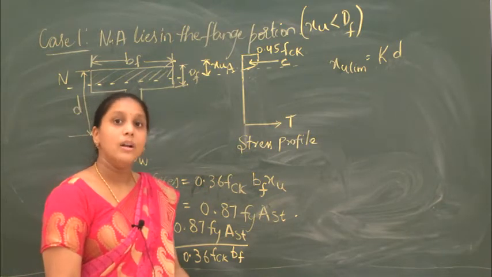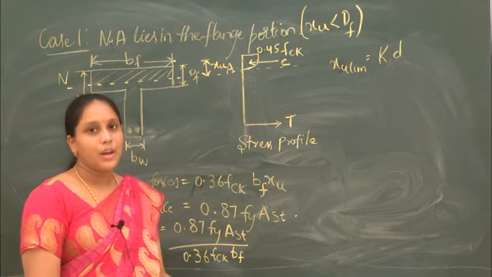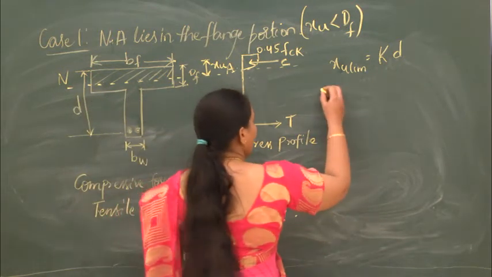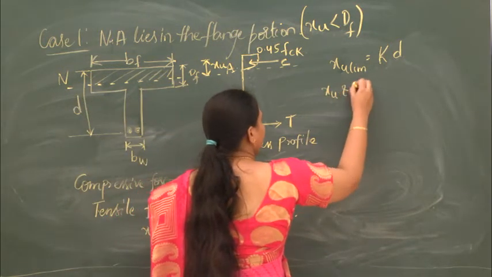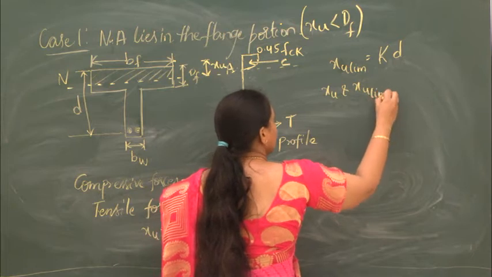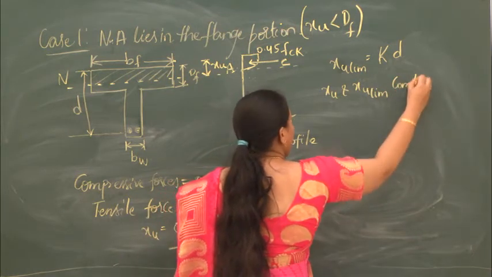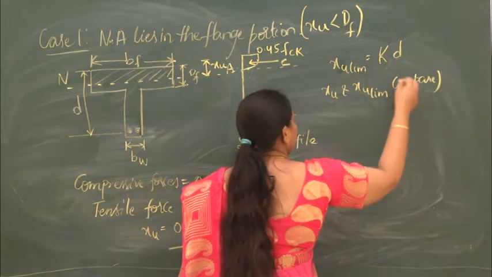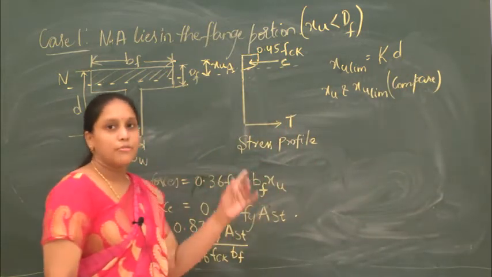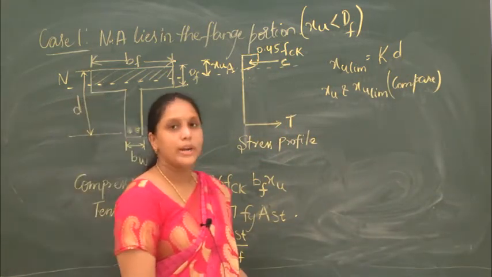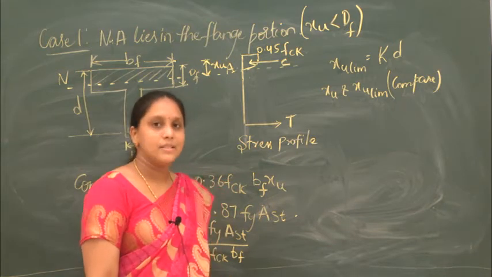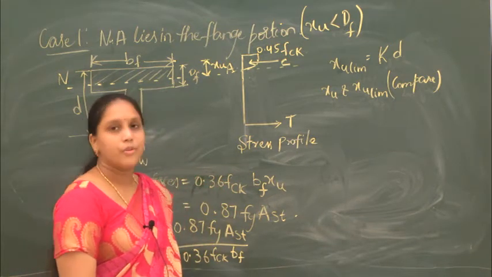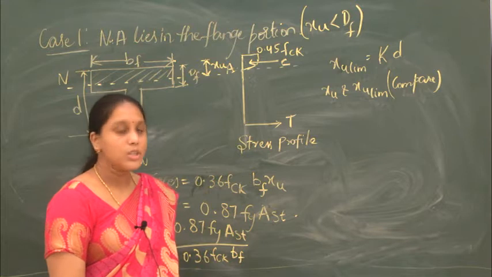What is the next thing we have to do? We have to compare the xu and the xu limit. If you compare them, you will get to know whether it is a balanced section, an under reinforced section or an over reinforced section.